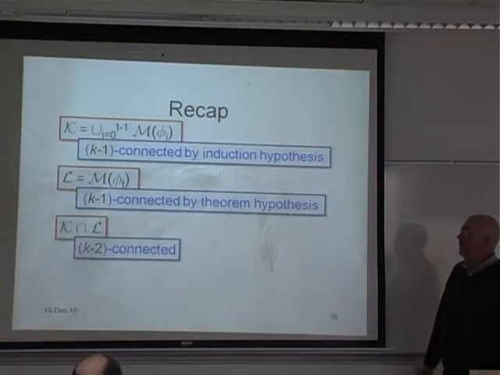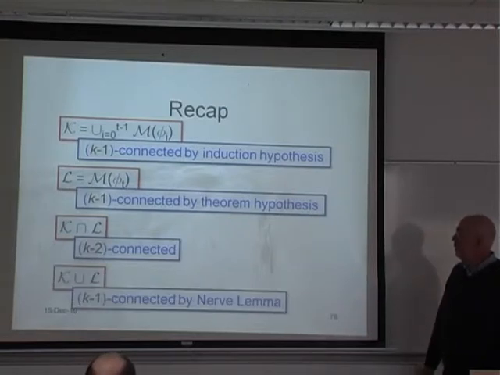We want to show that the union of the two things is k minus 1 connected, so we show the intersection is k minus 2 connected, and then we're done.